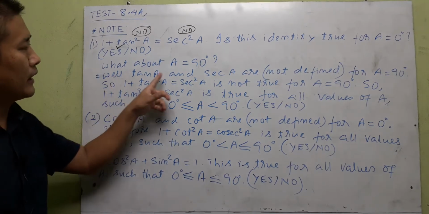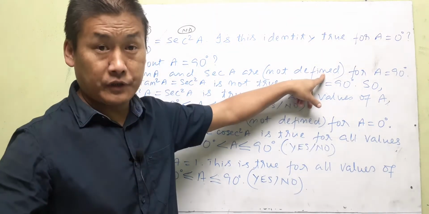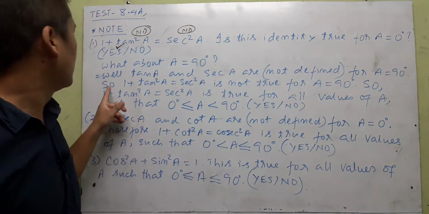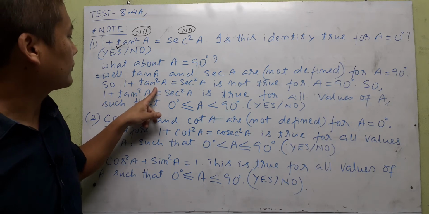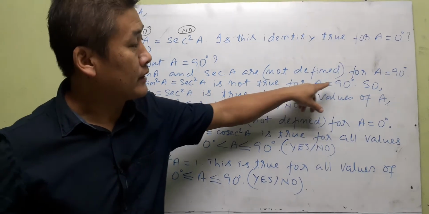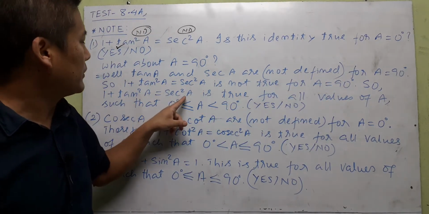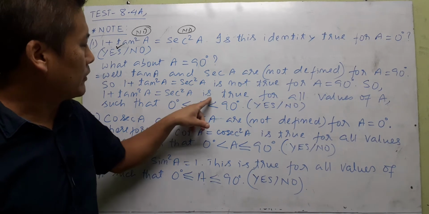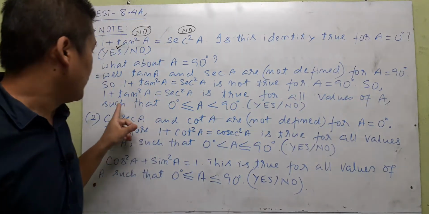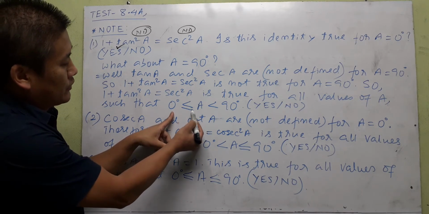So tan a and sec a are therefore not defined, as we saw on our page 193 table, when a is 90 degree. So 1 plus tan square a equal to sec square a is not true when a is 90 degree. Because of this, 1 plus tan square a equal to sec square a will always be true for all the values of a, with a condition that a should be greater than or equal to 0.